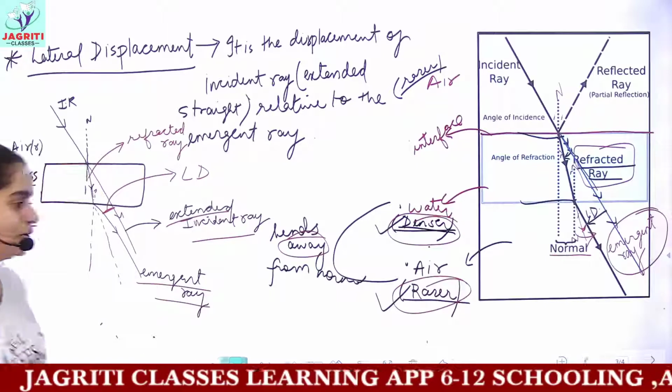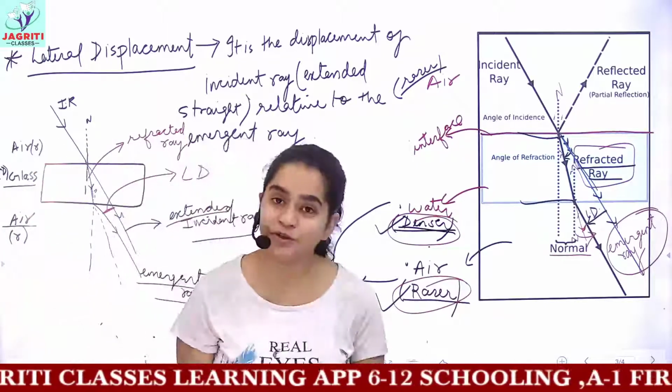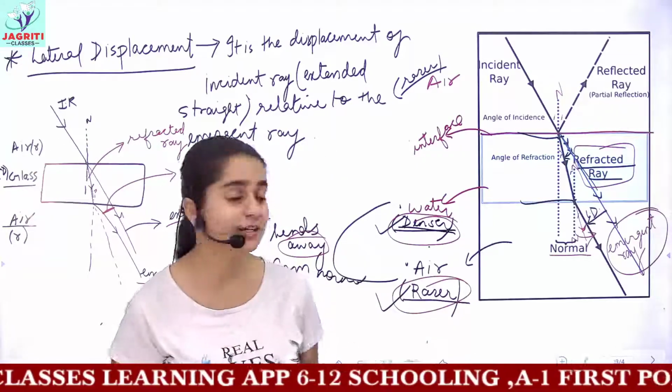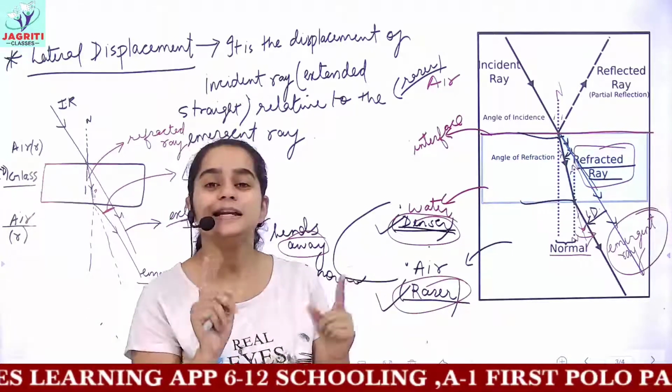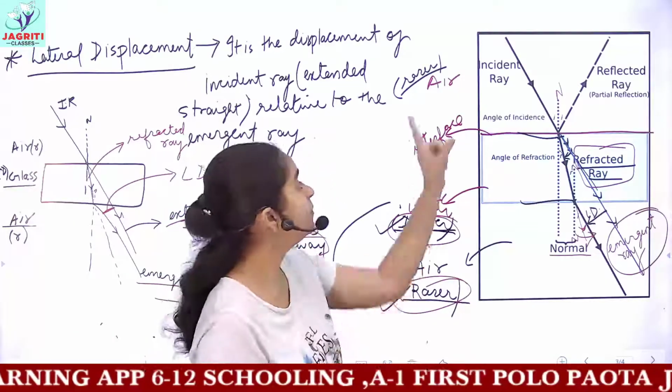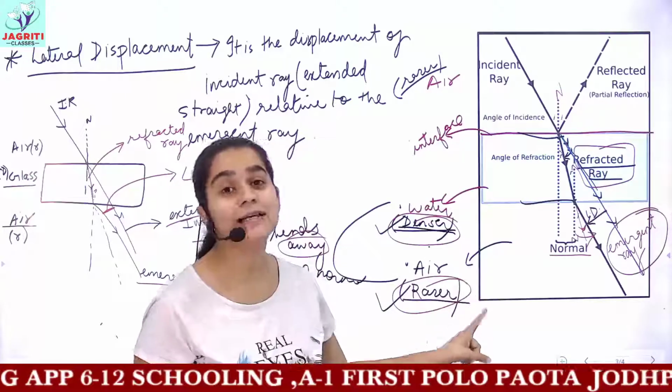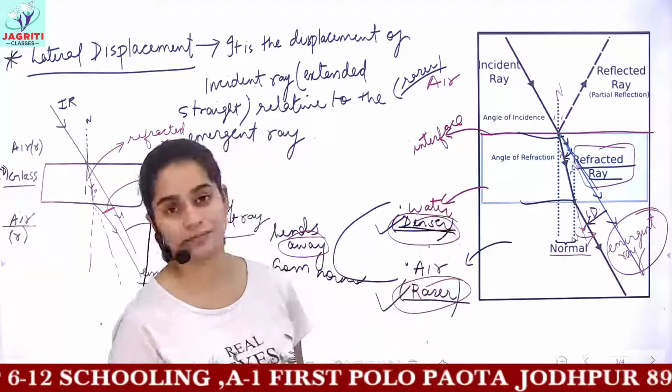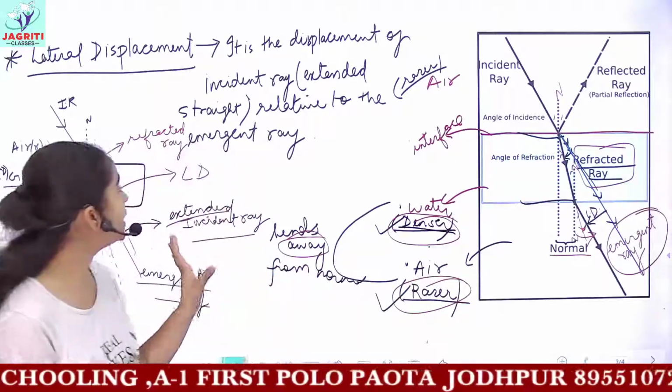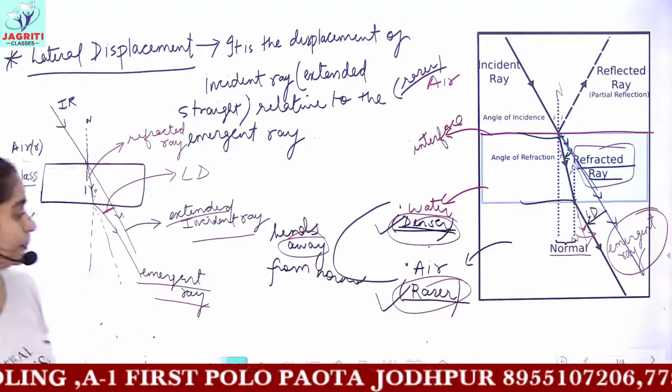Okay? So now we have understood the definition of refraction. I told you it is the bending of light when it enters from one medium to the next. This is the pictorial representation of refraction, and we have discussed lateral displacement.